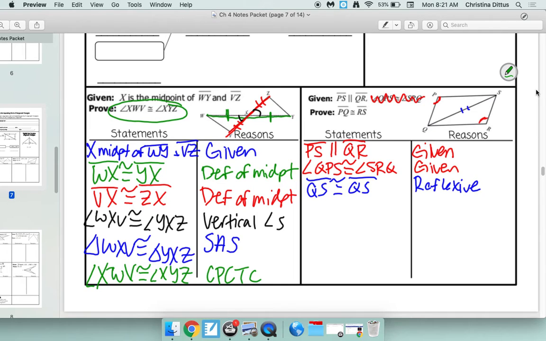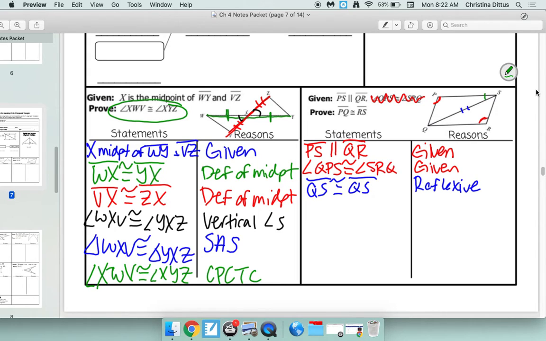The fact that my lines PS and QR are parallel, does that make them congruent? No. Parallel lines means what's congruent though? Lines or angles? Angles. Give me some angles. PSQ, yeah.